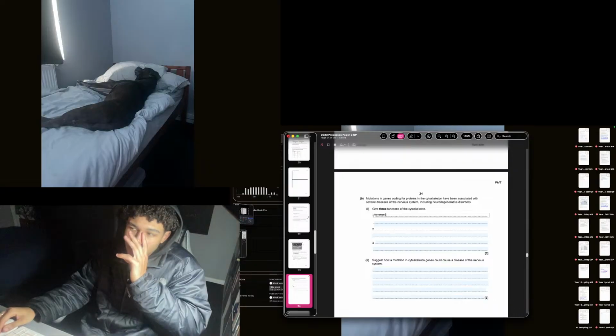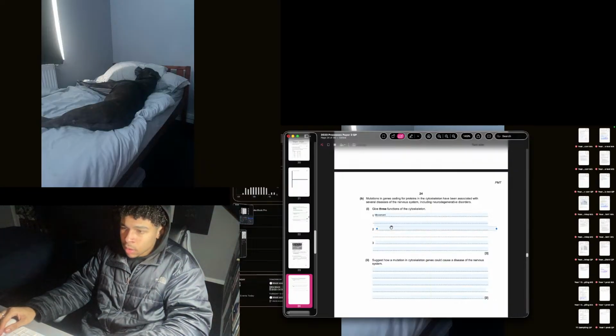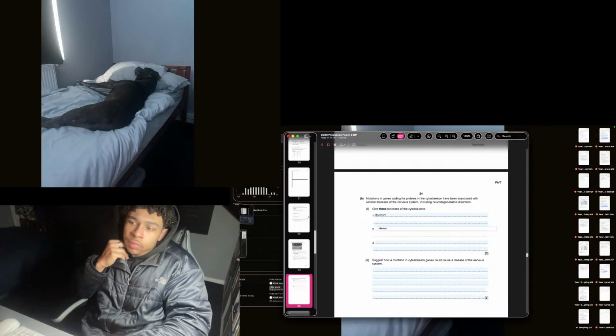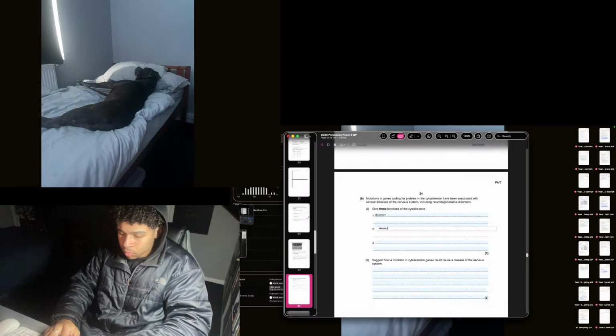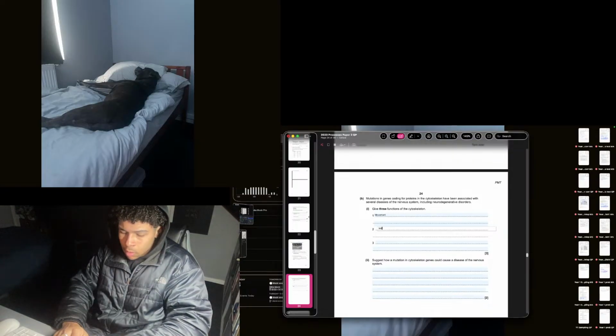Movement. Notice how it doesn't say human cell, this is any cell. Movement. Meiosis. Well, I'm thinking of spindle fiber. I'll say intracellular transport.